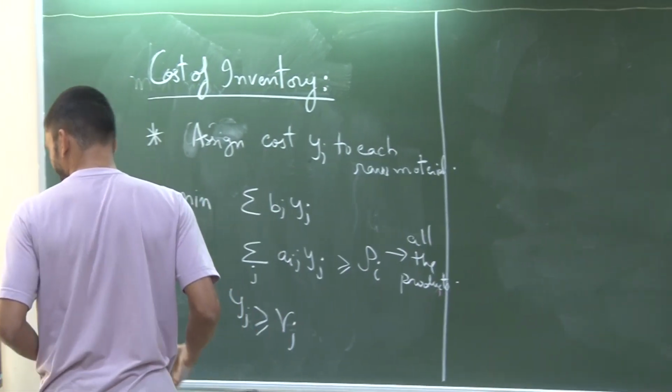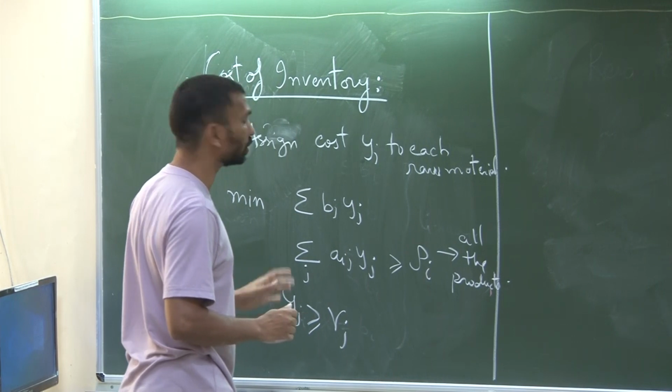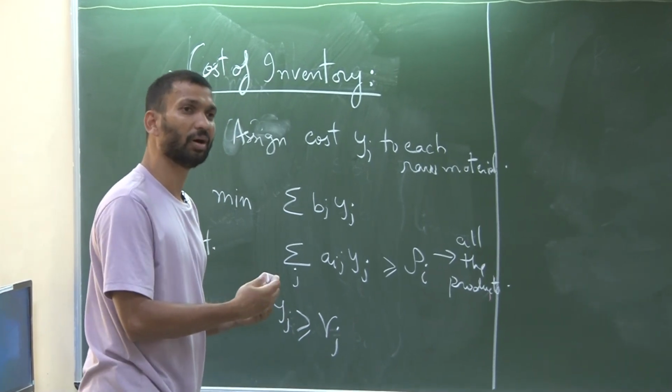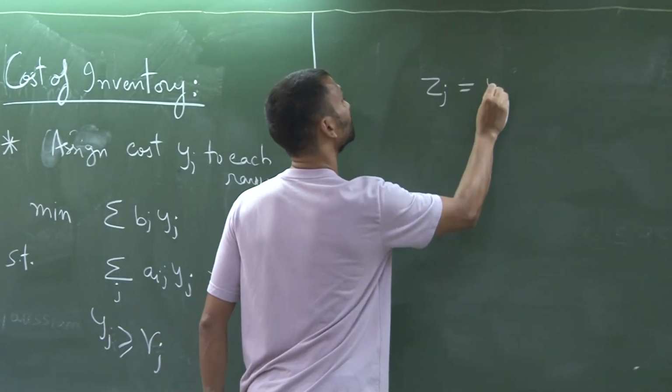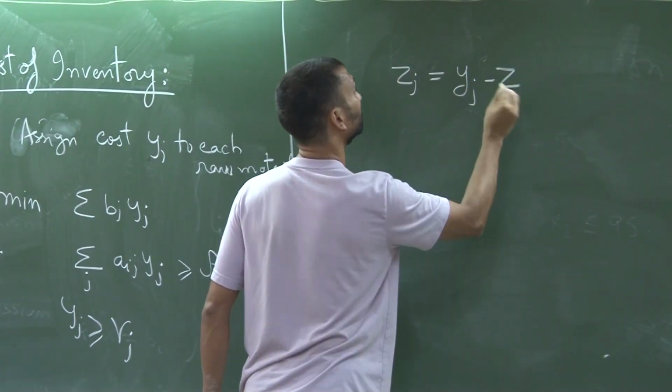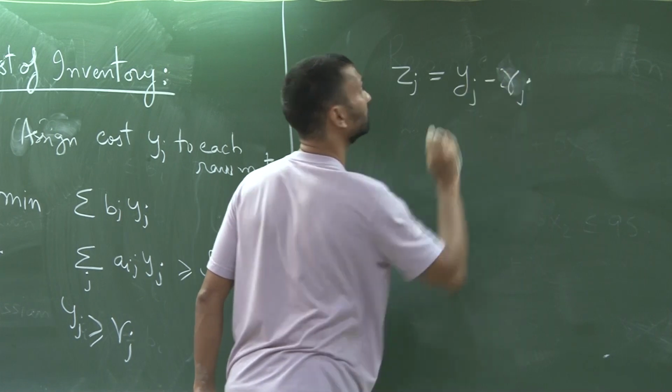And again, we can do a slightly non-trivial equivalence here. We can say that Zj is Yj minus gamma j.